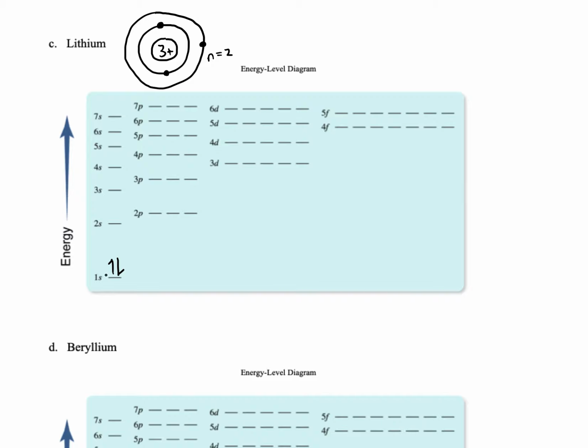There'll be another electron in that first shell. That's n equals 1, of course. And since we have just 1 electron in the second shell, we can draw this. And so this is going to correspond to, as an electron configuration, 1s2, 2s1.